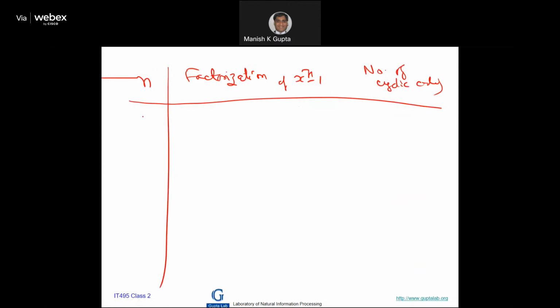So when n is equal to 1, 1 plus x is the factorization, right? Number of cyclic codes: 2, trivial. When n is equal to 2, it is actually 1 plus x whole square. 3 cyclic codes. N is equal to 3, 1 plus x into 1 plus x square. You saw that. 4 cyclic codes you saw recently.